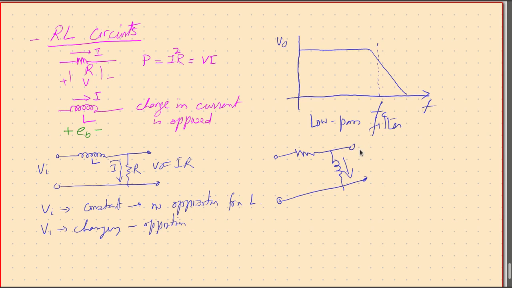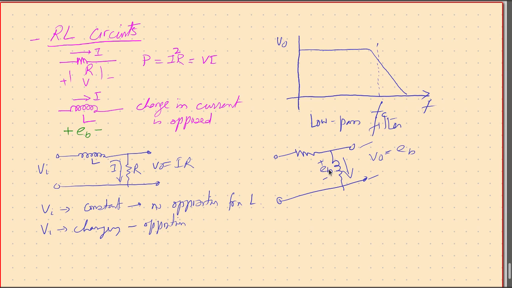Therefore, it will reach the output. So the output, or in other terms, the back EMF produced because of the change in current, is what we get across the output.